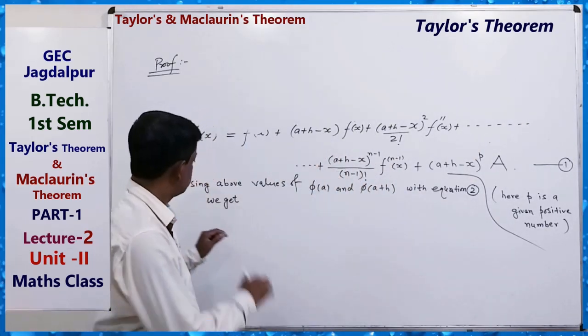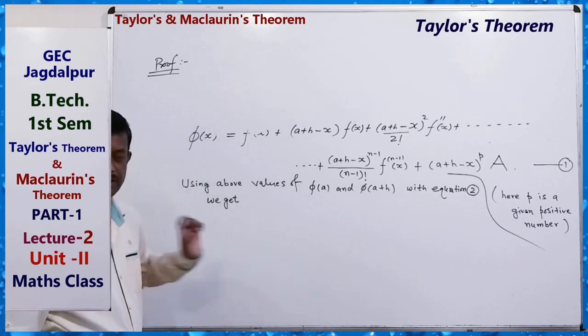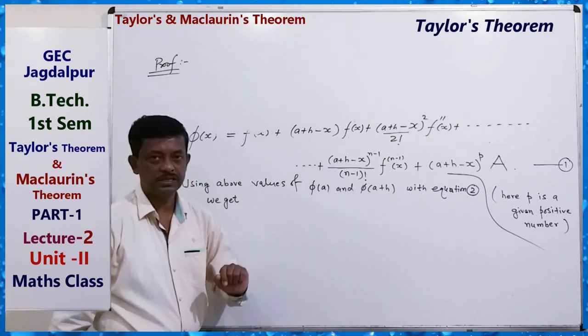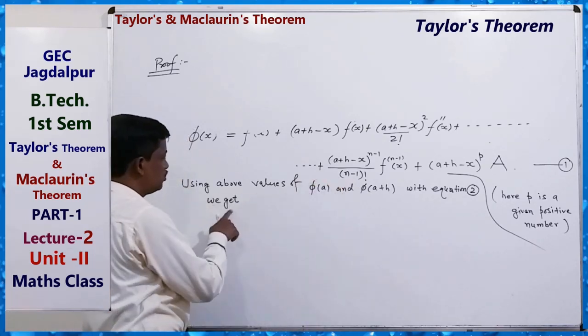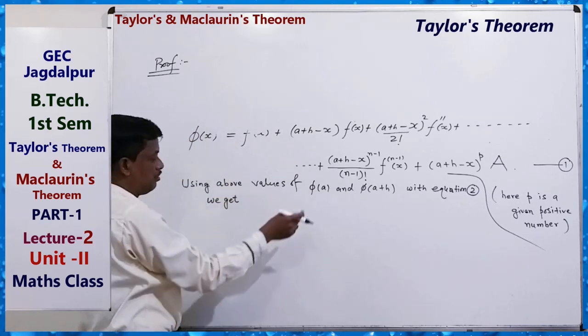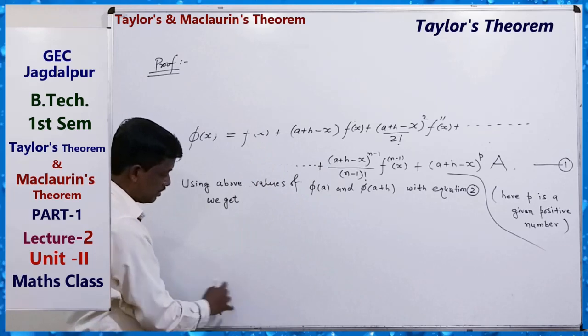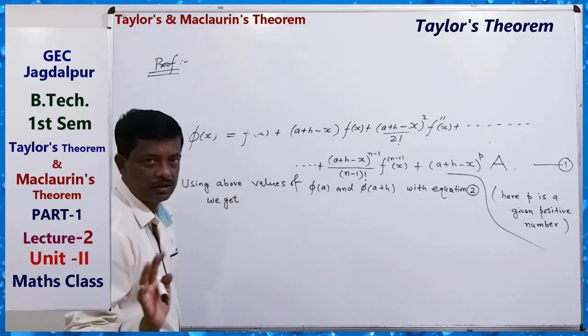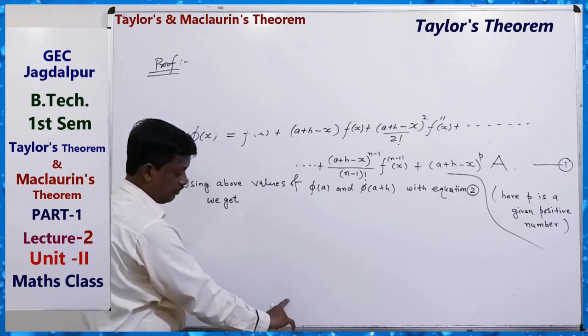Using the above values of phi a and phi a plus h and the equation phi a equals to phi b, with equation 2 we get, after this line we write here, phi a and phi a plus h both are equal, that is phi a plus h equals f a plus h.